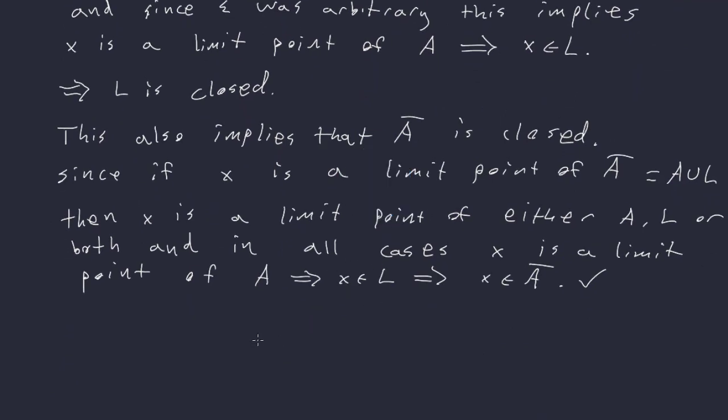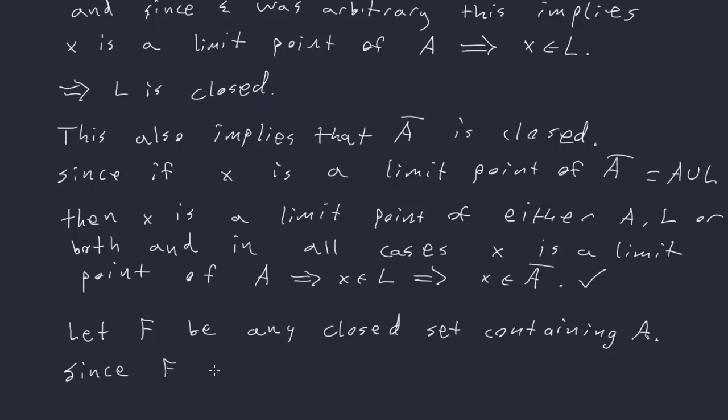Okay, so now to prove that A bar is the smallest closed set containing A, that's actually a little simpler. So let F be any closed set containing A. Okay, well, since F is closed, it contains all of its limit points.